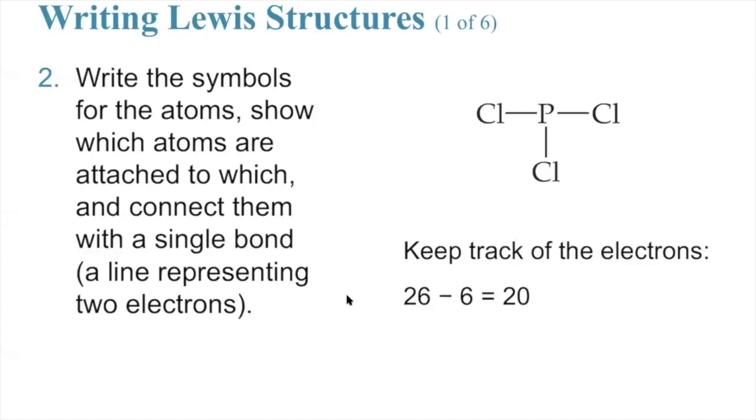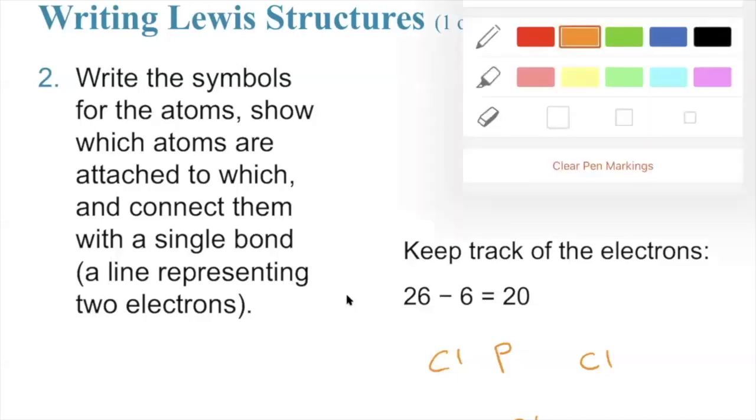Notice that phosphorus is the least electronegative, so you want to put the atom that is least electronegative in the center. So you're going to start like this, making it look symmetrical.